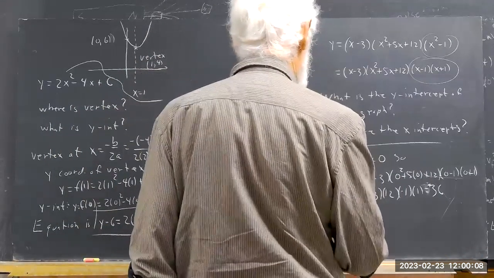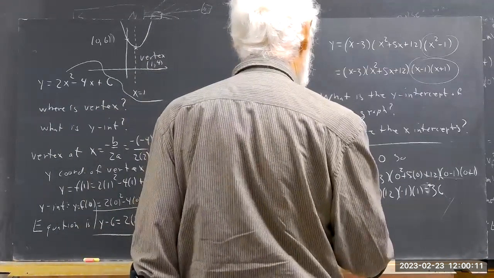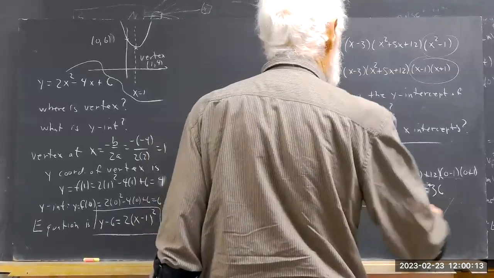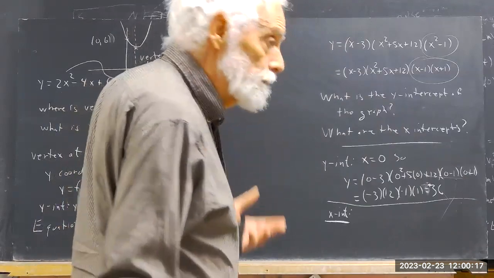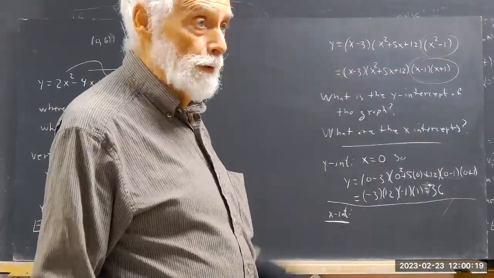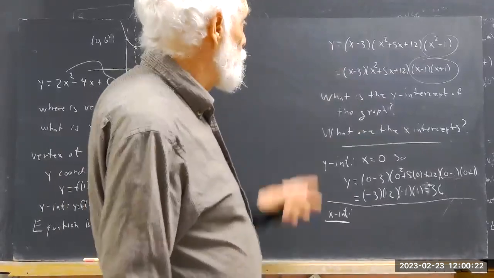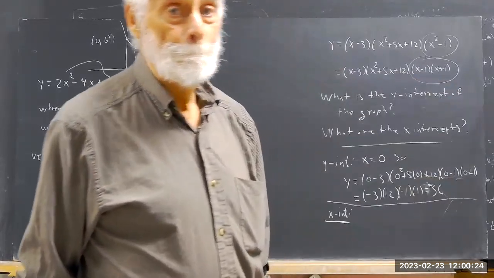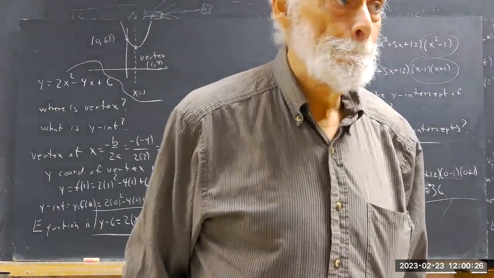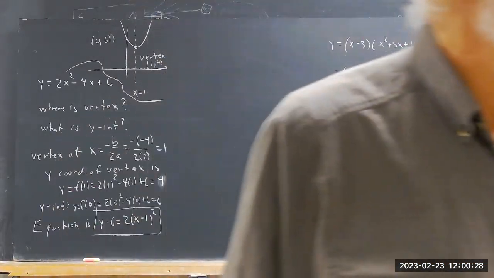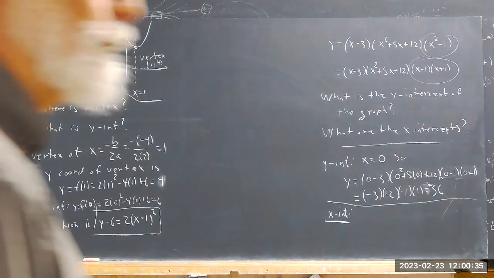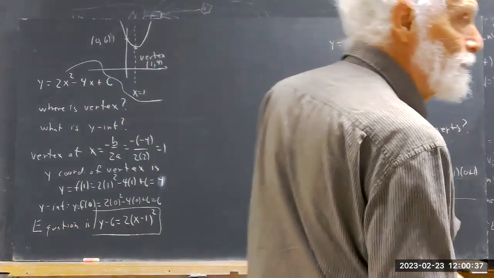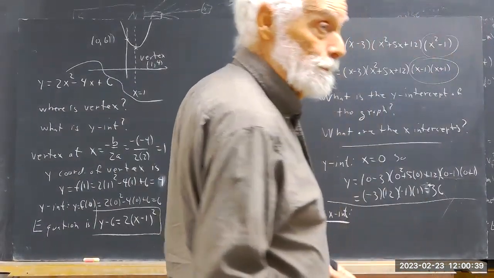Okay, so the x-intercept. Can anybody give me a value of x that would make this thing 0? Okay, 3.